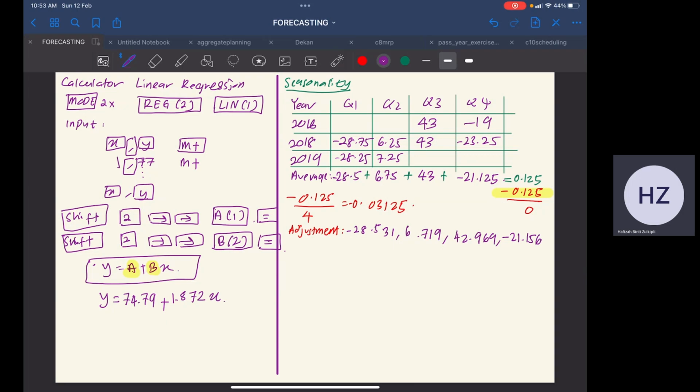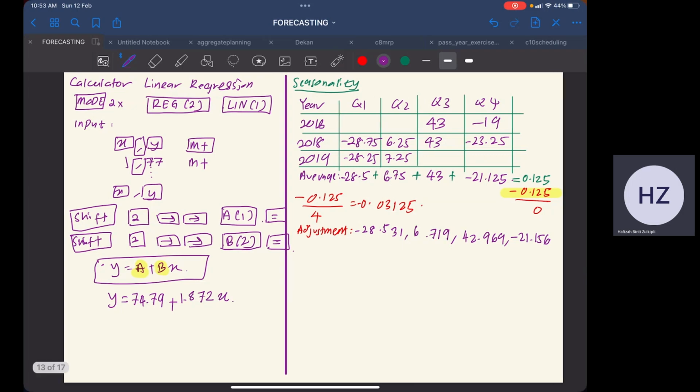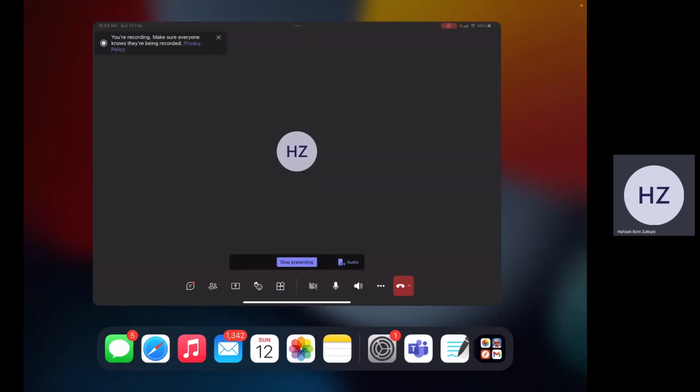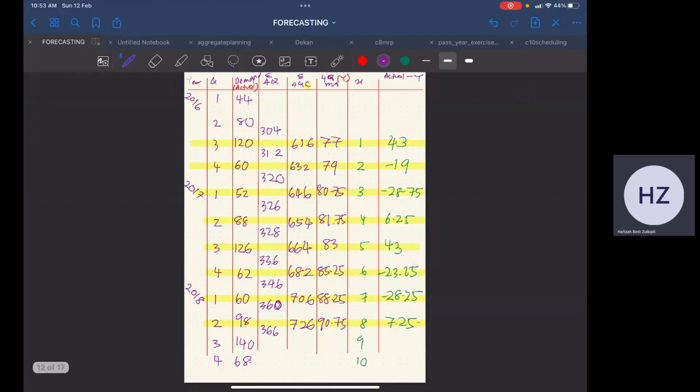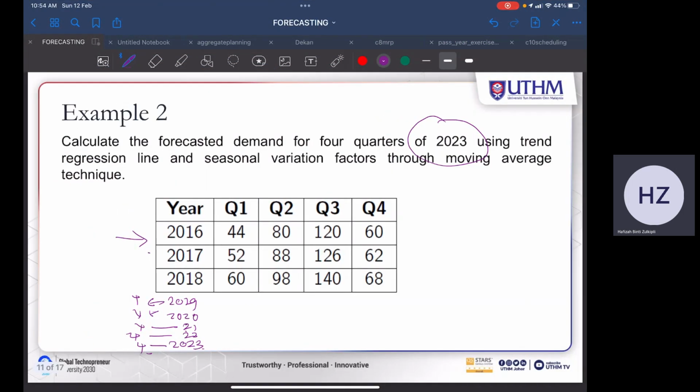Right now we need to find X. So X is the time of the forecast. So you want to forecast 2023. So 2018 has 2019, 2020, 2021, 2022, up until 2023. This is what you want to forecast.